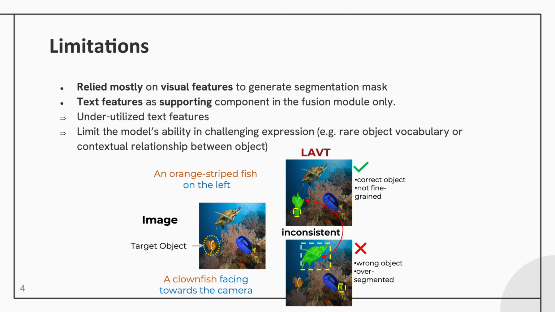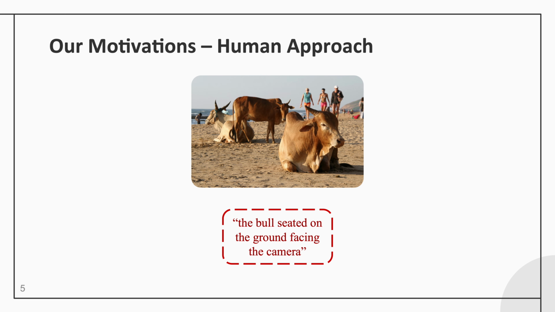This inconsistency highlights the model's difficulty in handling specific vocabulary, clownfish, and understanding spatial relationships, facing towards the camera. These examples illustrate how the underutilization of text features can lead to inconsistent and incorrect segmentations, especially when dealing with complex expressions.